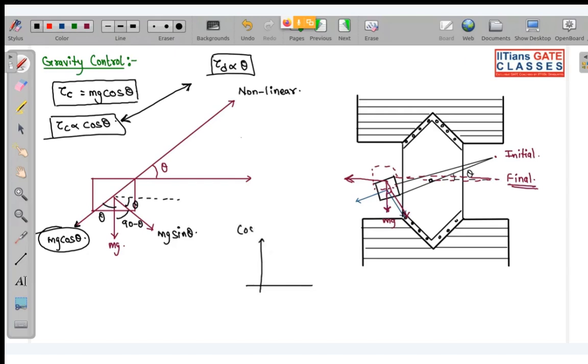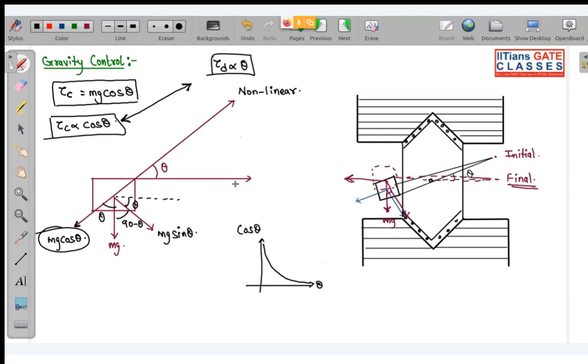If this is cos theta and this is theta, we know cos theta is something like this, for positive angles. Sorry, I have drawn the wrong value. It will be something like this.